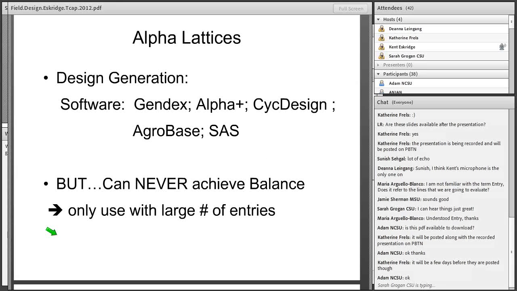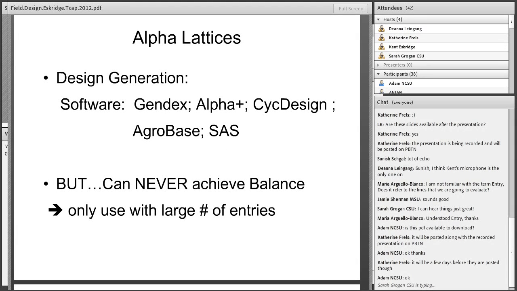You can generate them with software. The ones I'm most familiar with are probably AlphaGen or Alpha Plus. I've also used Gendex. That's easy. I don't know if the TCAP people have access to Gendex. I know Ibrahim has access to it.